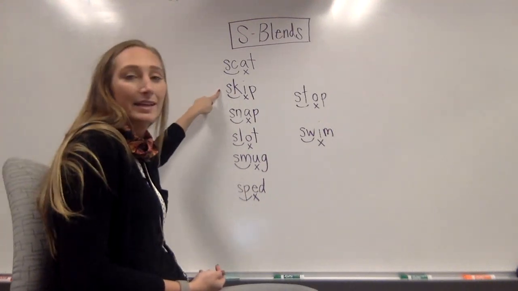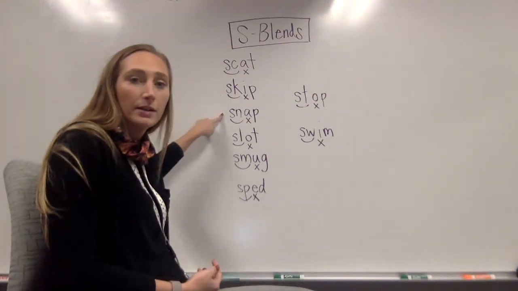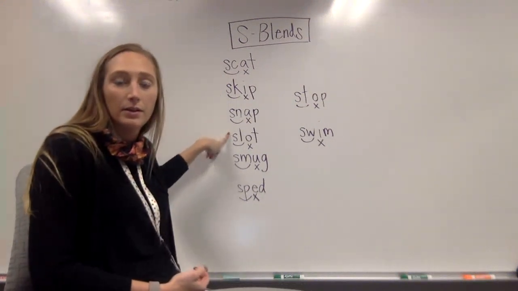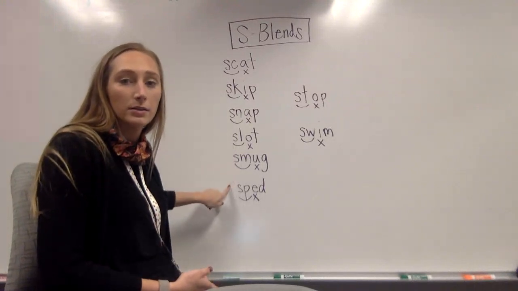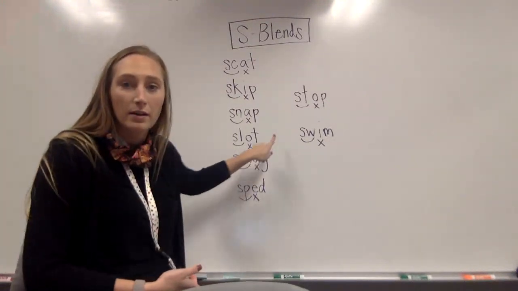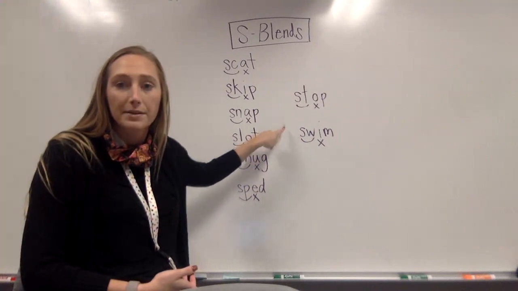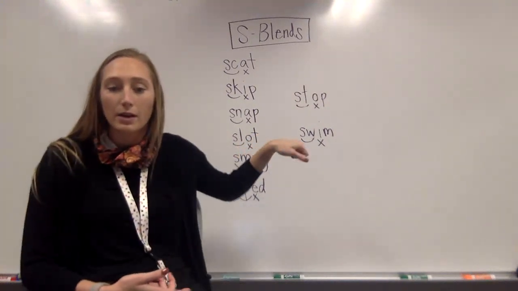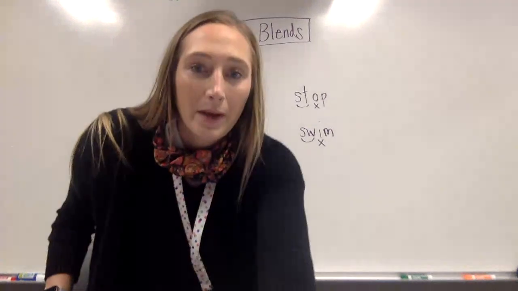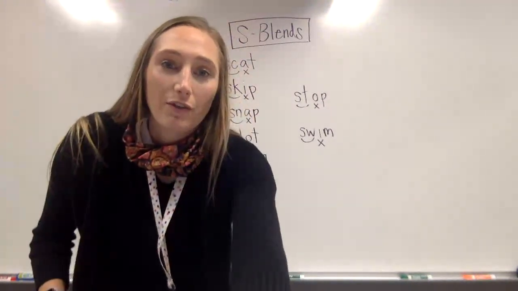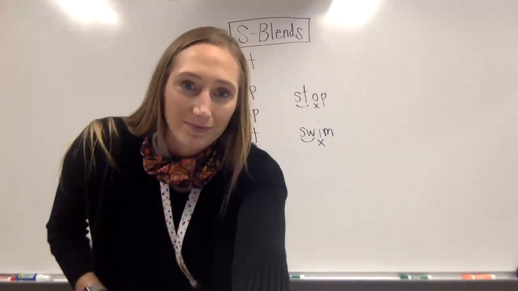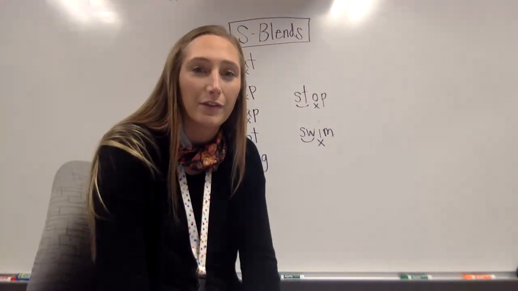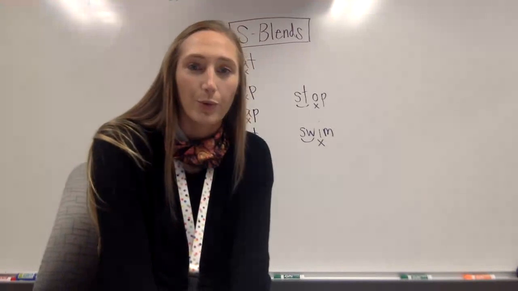Scat, skip, snap, slot, smug, sped, stop, swim. Go through and make sure that you fill all of those in and that you try and say them by yourself too. Sometimes it helps if you just create a sentence with your word.